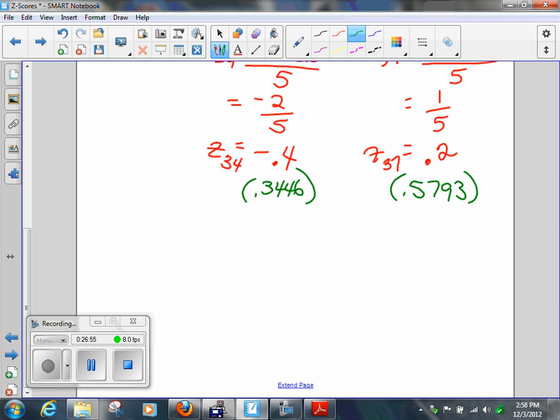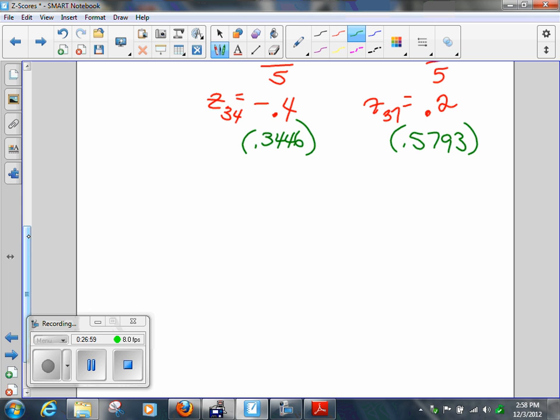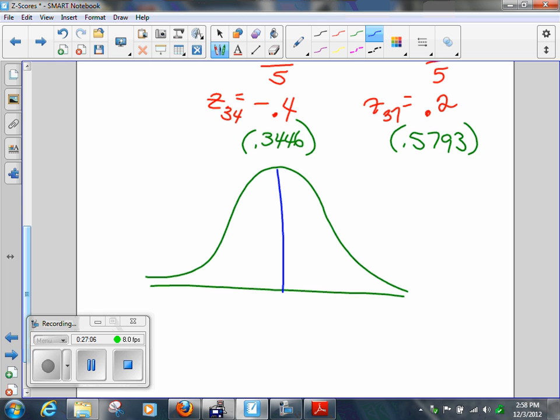And I'm going to draw another curve right here. I want you to think about this. Here's 0. Here's 1. Here's 2. Here's 3. Here's -1, -2, -3.